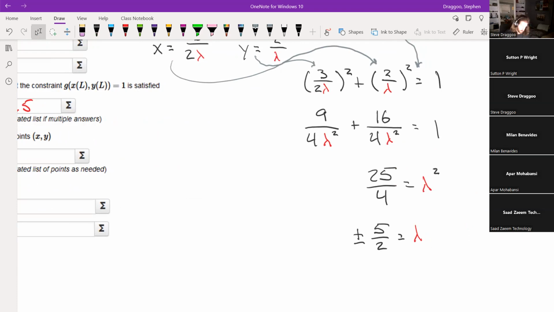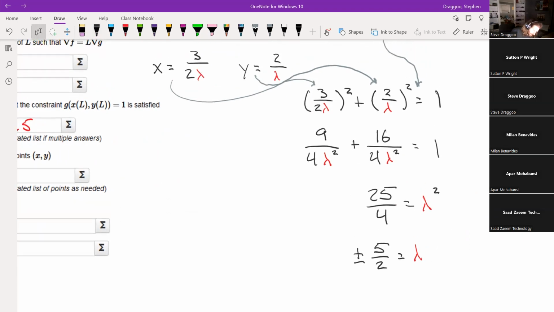And so with those 2 lambda values, I can use them to get an x and a y point. So I get either x equals 3 over 5, y equals 4 over 5. I'm just going to change that back to 4 over 2 lambda. It made my fractions a little bit nicer.